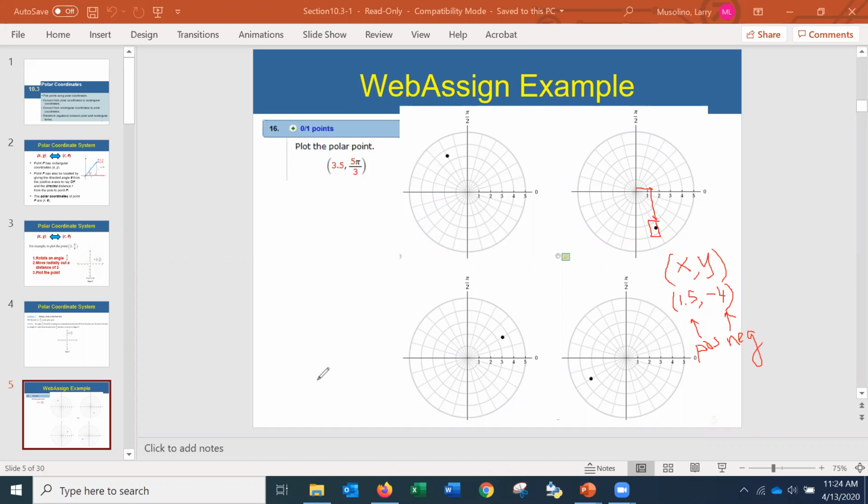Okay? And what if I gave you the same kind of black dot? Oh, let me make it a black dot, sorry. Let me give you the same kind of black dot. I'm just trying to give you a preview of what we're going to talk about in just a minute. I'm going to put a black dot here.